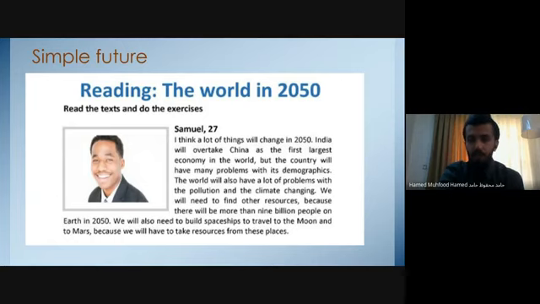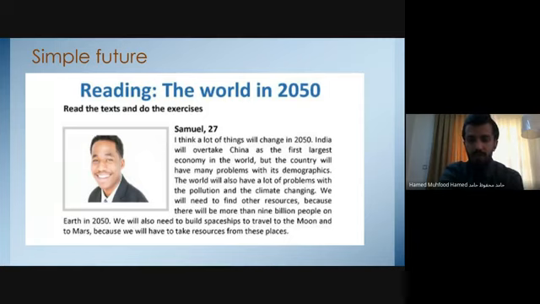India will overtake China. The country, he means India, will have many problems. The world will also have a lot of problems with pollution. We will need to find other resources. There will be more than 9 billion people. We will also need to build spaceships. We will have to take resources from these places, right?